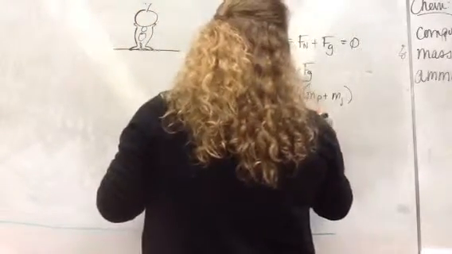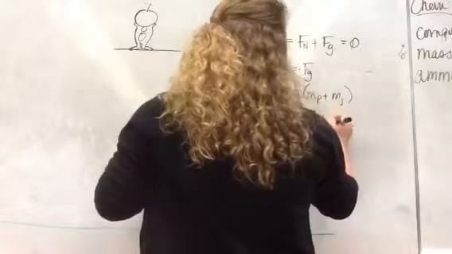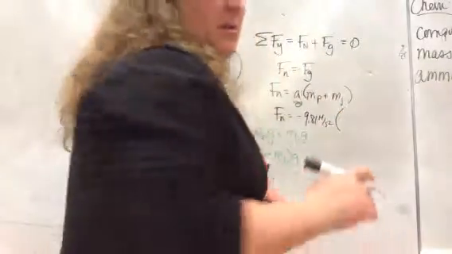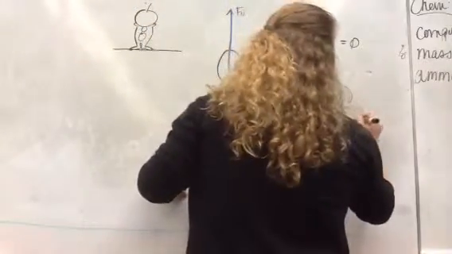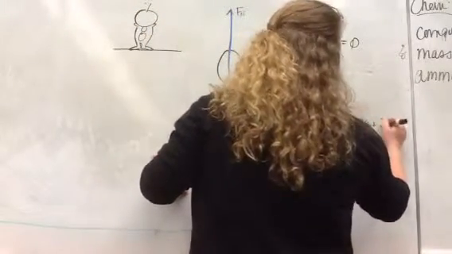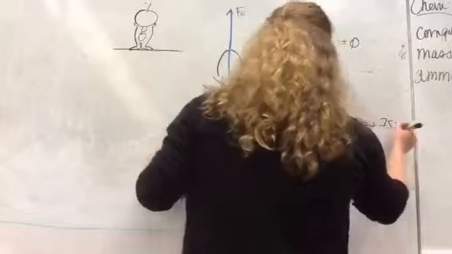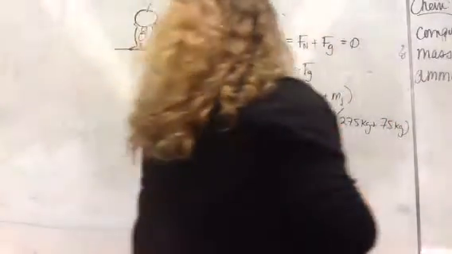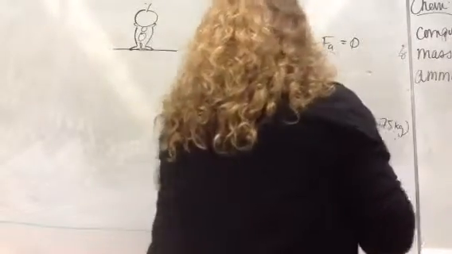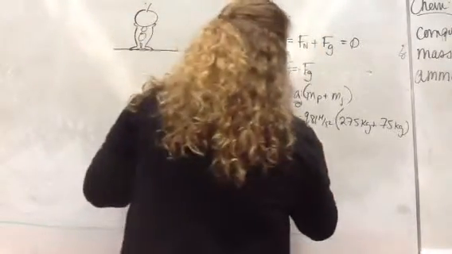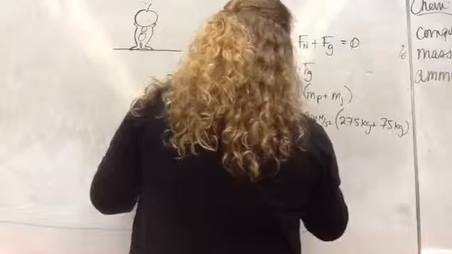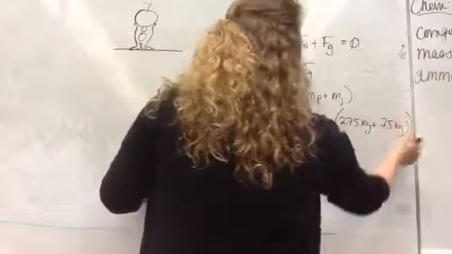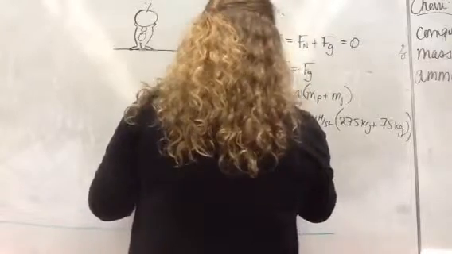Okay, so negative 9.81 meters per second squared times, what's the mass of our pumpkin? 275 kilograms, and he has a mass of 75 kilograms. Oh, that's a lot. Yeah. So the normal force on him is the negative of that.